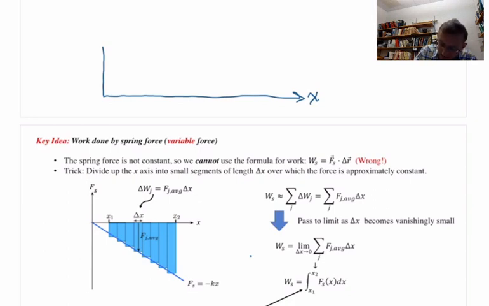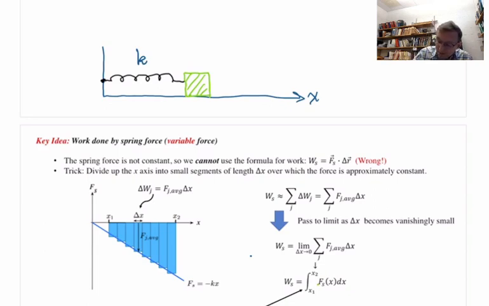One end is tied to this wall, and then the other end is tied to some kind of a block, which we just call a particle, like that. And the spring has what's called a spring constant, little k, in Newton per meter, which tells you how stiff the spring is, how hard it is to stretch or compress it.